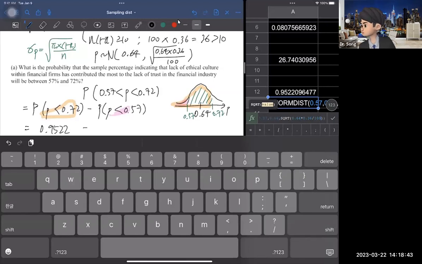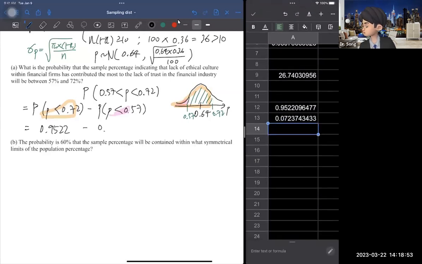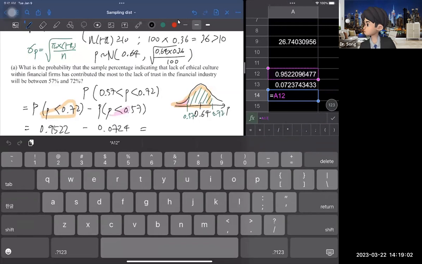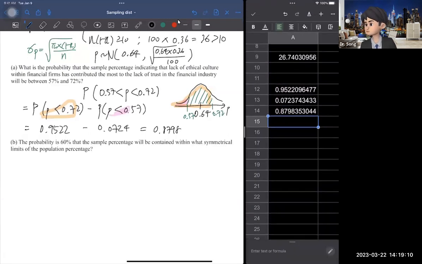And then the last element, we need to say TRUE. So that gives me the probability from negative infinity to 0.57. Enter, that is 0.0724, up to 4 decimal places. So let me find the answer. The first one, 0.9522, minus the second one, 0.0723 something, gives me 0.8798. That's the answer. Okay.